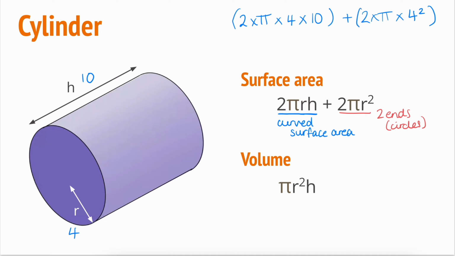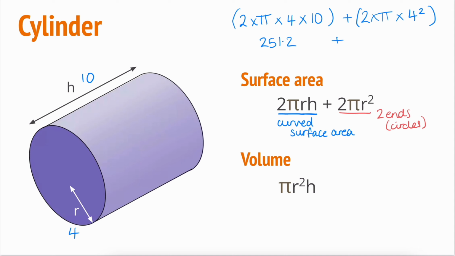Okay, so if I do that in two separate sections, the first one, I have 2 times pi times 4 times 10, and that gives me 251.2. And then I'm going to add on to that exactly the same for the other side.